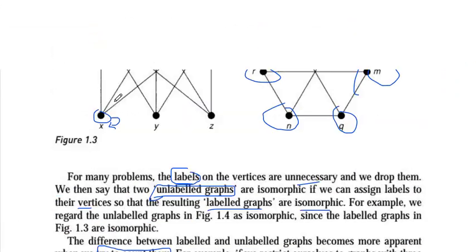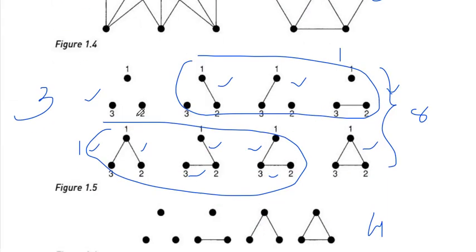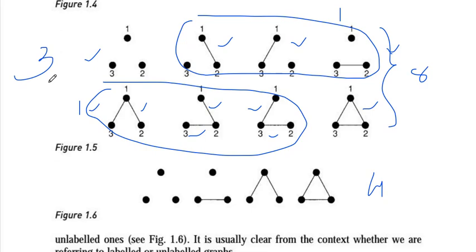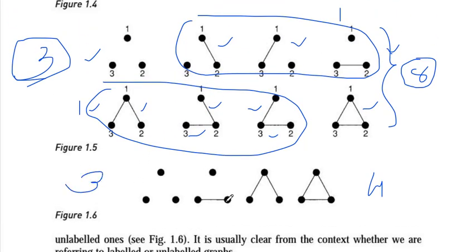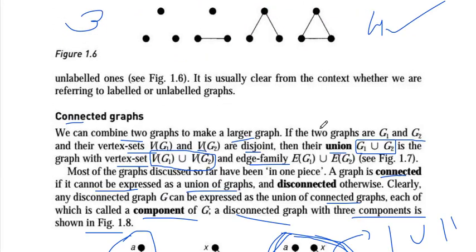This is an unlabeled graph, this is a labeled graph. For three vertices, we can make 8 different labeled graphs, and only 4 unlabeled graphs. So if we count the number of graphs, we can differentiate between unlabeled and labeled graphs.